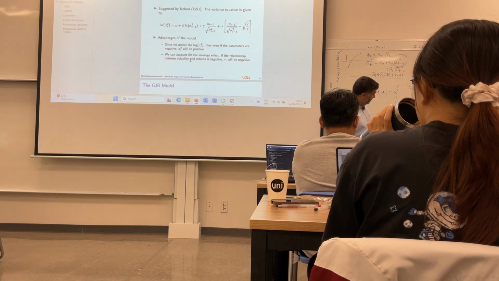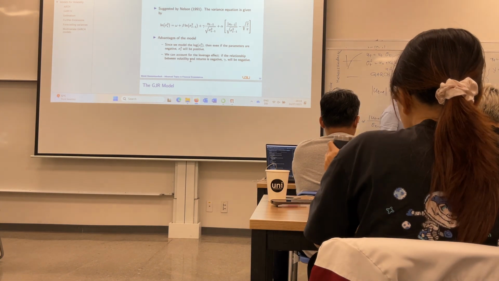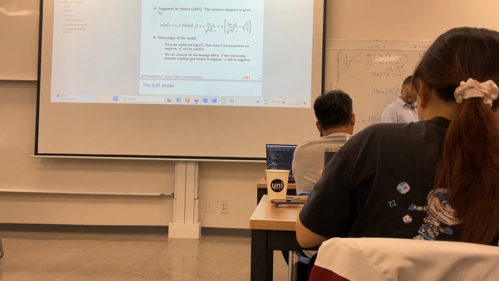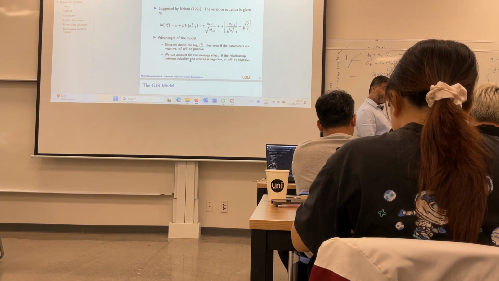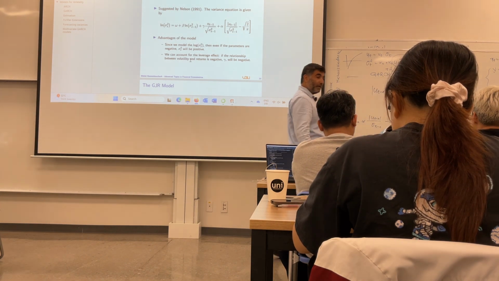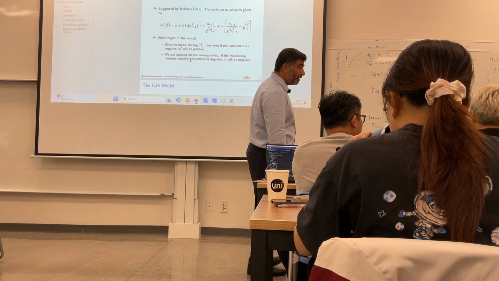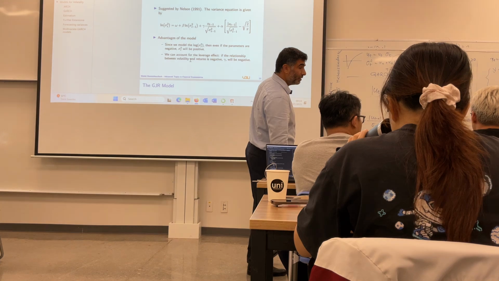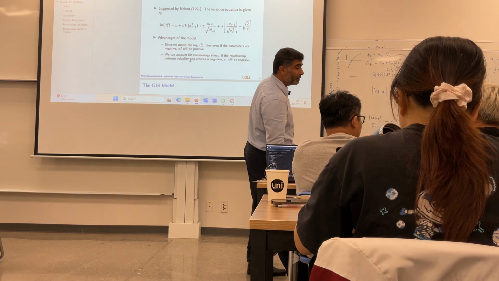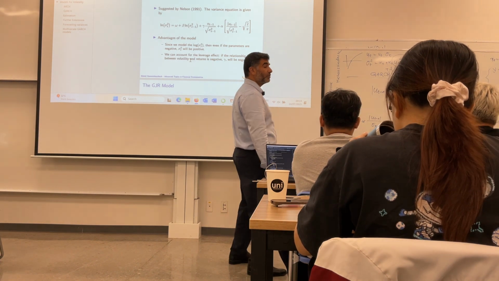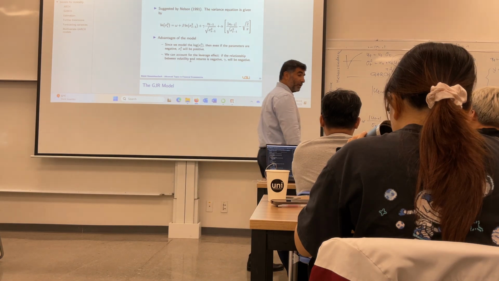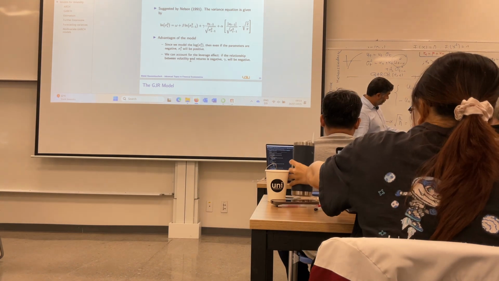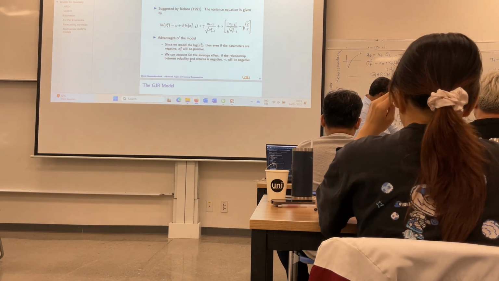So regardless of whether you are negative, whether you are here or there. So I can conclude that the returns have asymmetric contributions to the volatility. Sure, that's true. So here it becomes bigger, here it becomes smaller.